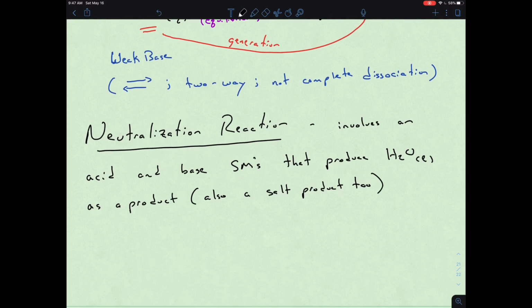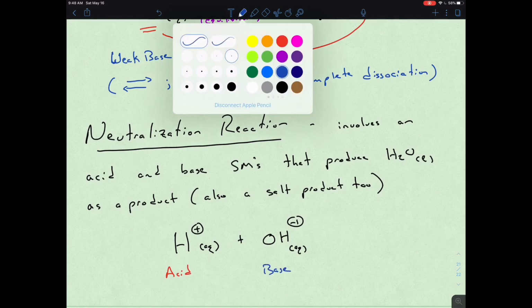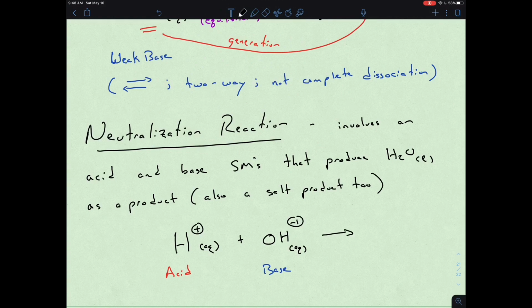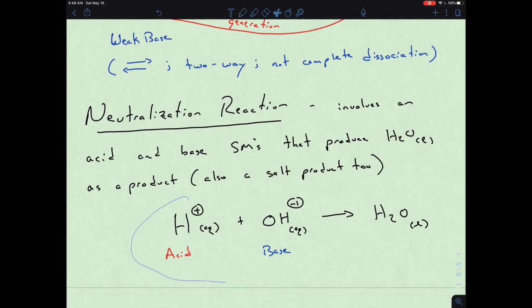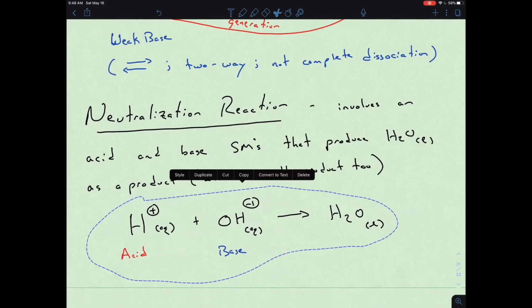So the easiest way to look at the neutralization reaction is just simply, okay, here's our acid, here's our base, and they both want to react with one another to make H2O. And so there is our neutralization reaction.